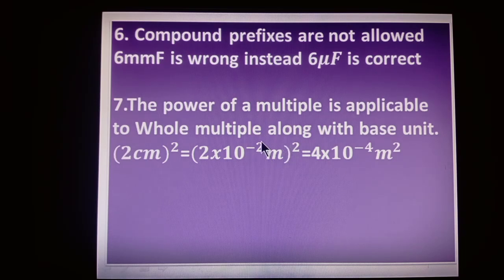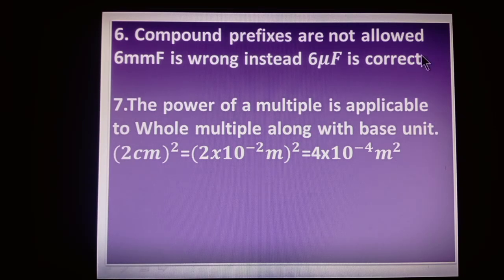When you are taking the square, the square will apply on the whole term. That is, 2 will be squared, 4, and 10 raised to the power minus 2 will be squared, minus 4, and meter will be squared, meter square. This is the power of a multiple applicable to the whole multiple along with the base unit.